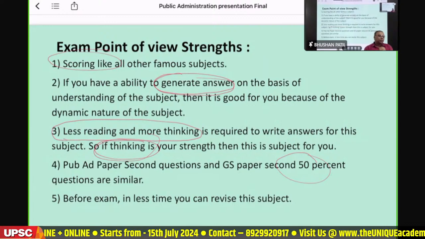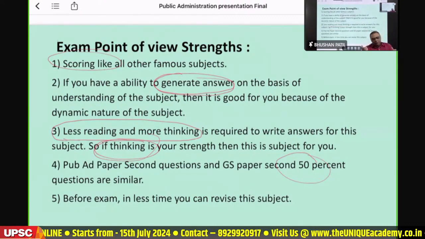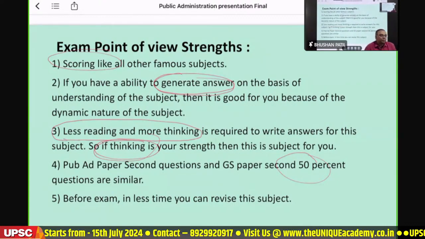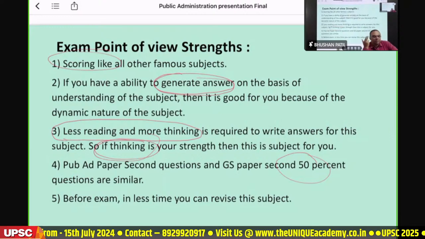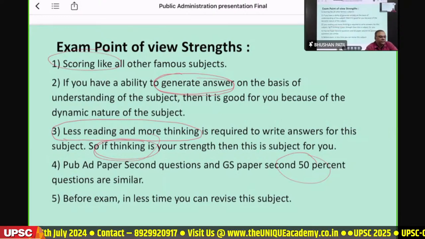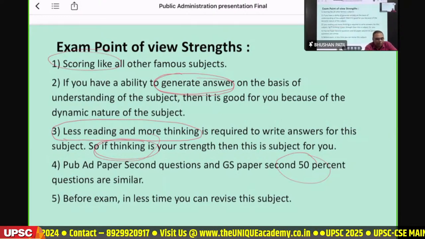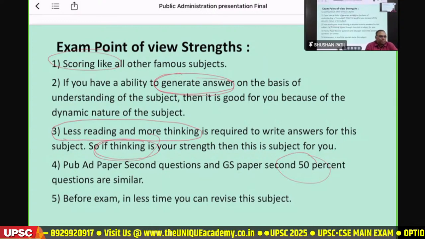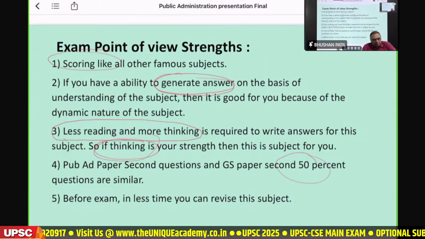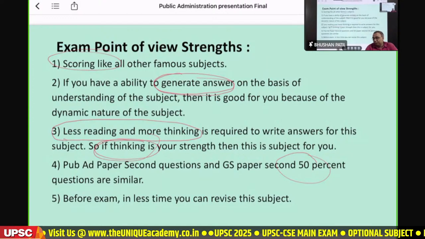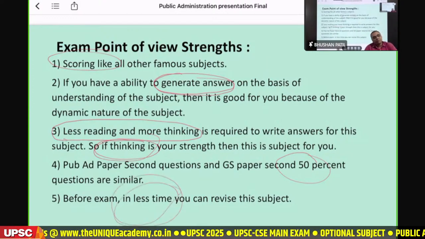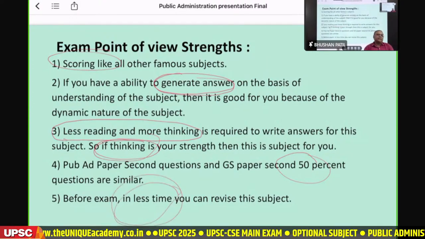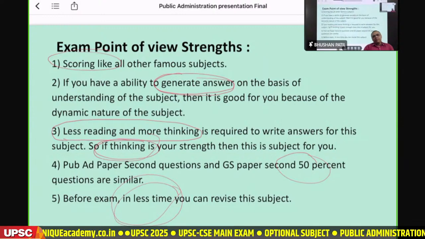So the perspective is more theoretical, from a public administration point of view. That also helps you in the exam. Before the exam, if you have less time, you can revise in a better way or in less time.